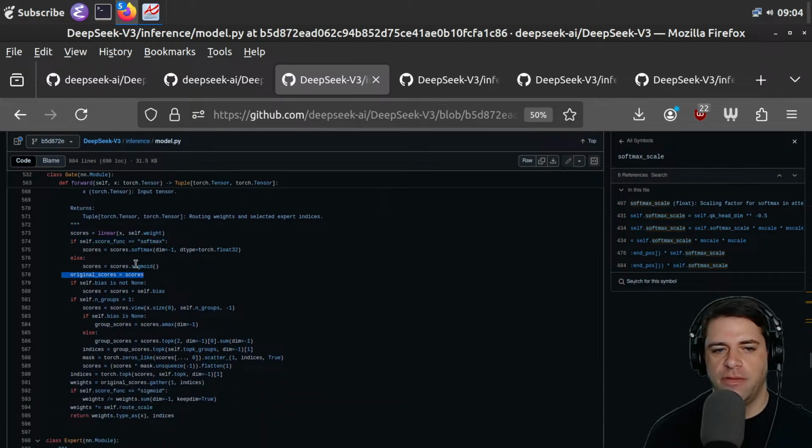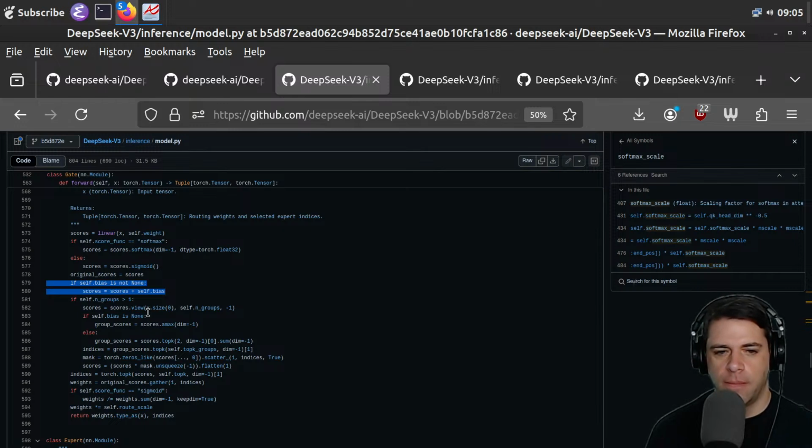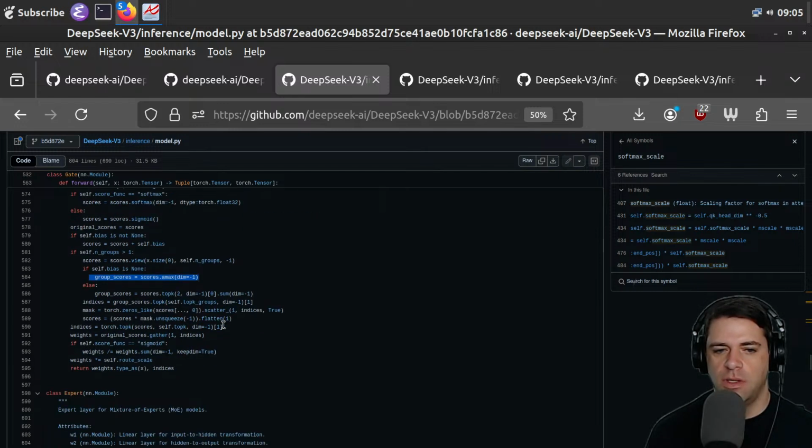We're grabbing a copy of the original scores. We'll look at the bias. Bias might just be the affine part of the transformation. We'll look at the number of groups. If there's more than one, then I guess we're taking some sort of view on the vector, and we might do some biasing stuff.